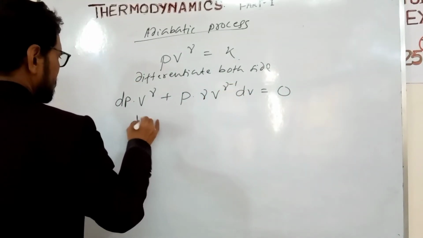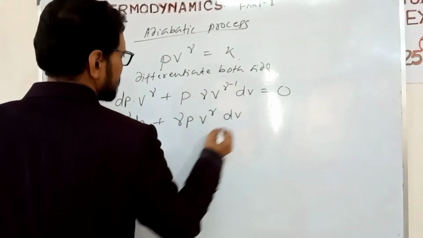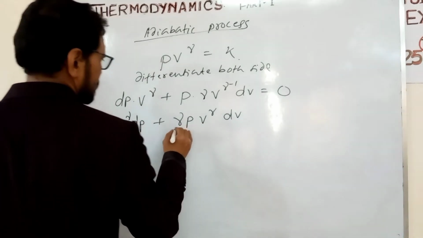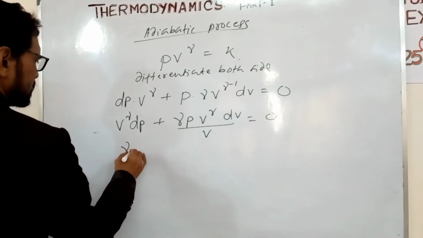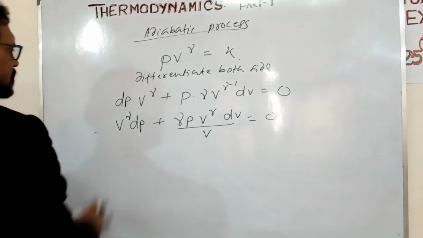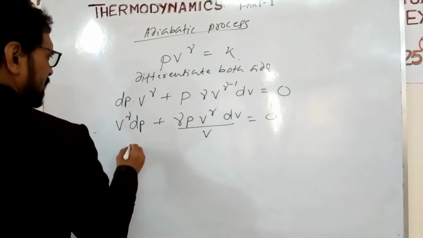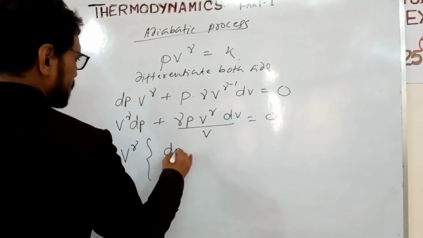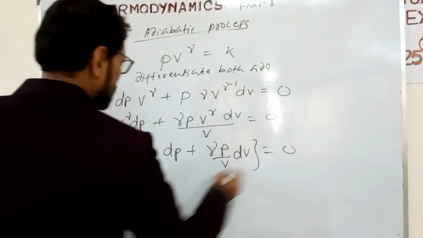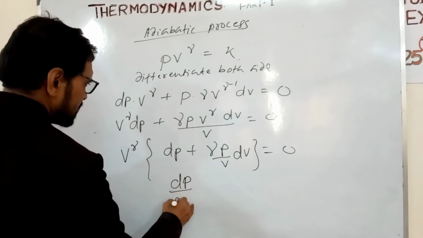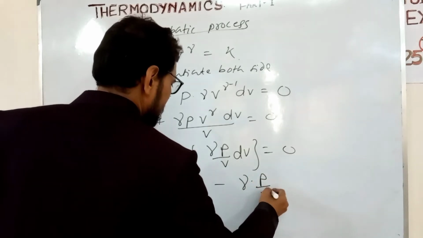So dP·V^γ + γ P V^γ dV/V = 0. Taking V^γ common, we get dP + γ (P/V) dV = 0. So dP/dV = -γ P/V.